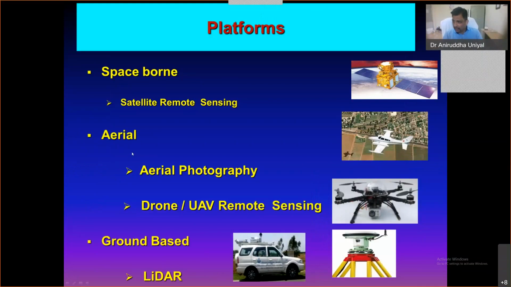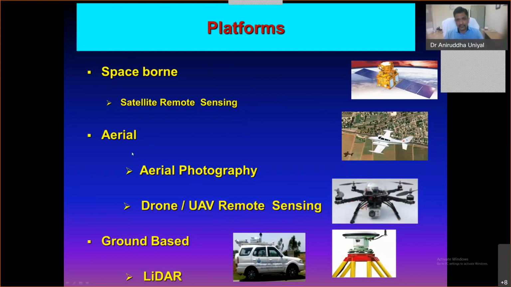These are probably the oldest platforms, and it all began sometime in the mid 19th century with the invention of the camera, when cameras were mounted in an innovative way on balloons to take images of a few houses or of a playground. That was the time when remote sensing was in its infancy.